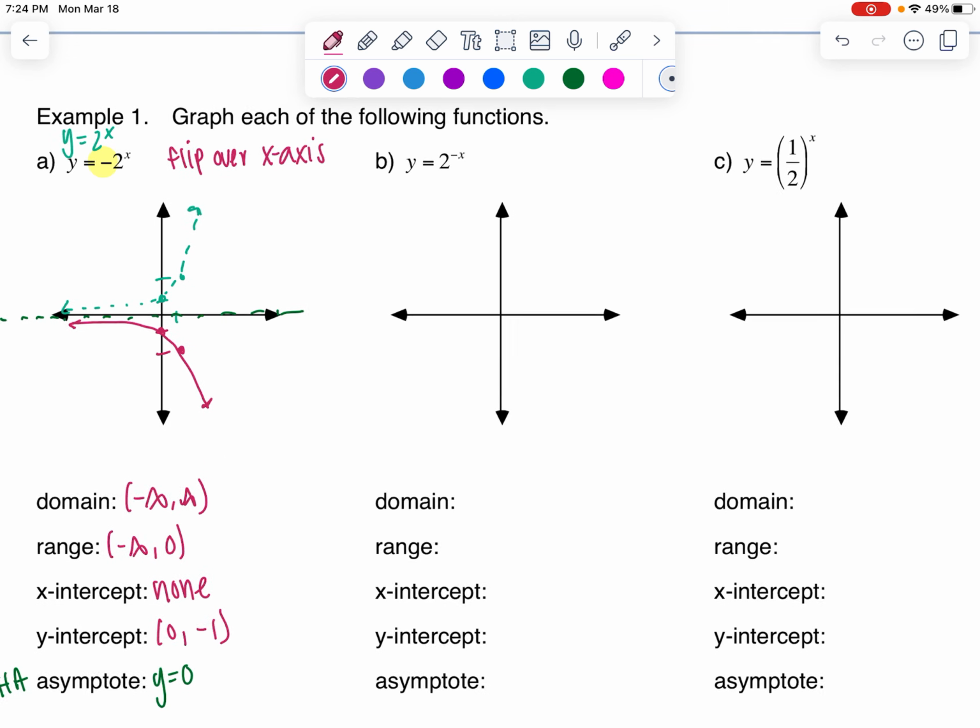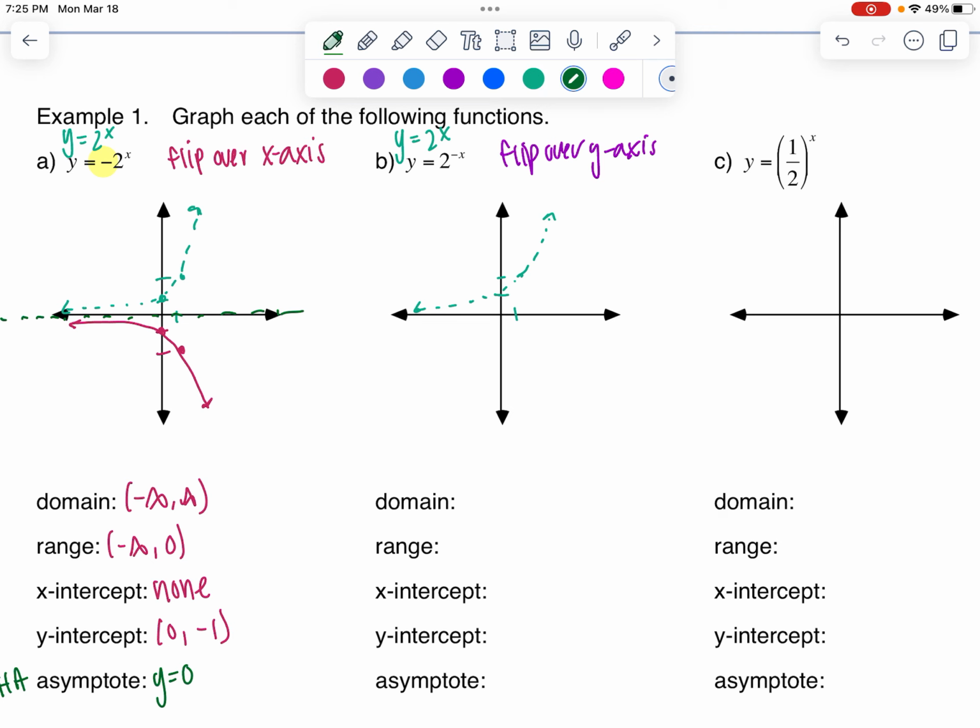Part B looks like we're doing another reflection. This time it's attached to the x, so we're going to flip over my y-axis. Again, my parent function is y is equal to 2 to the x power, and that's what we look like.